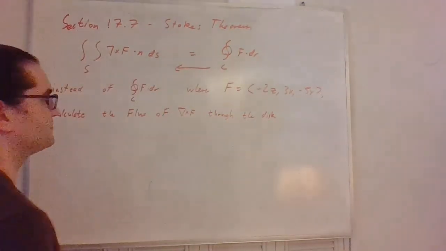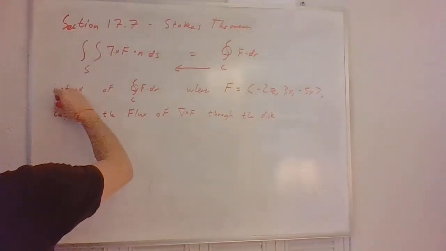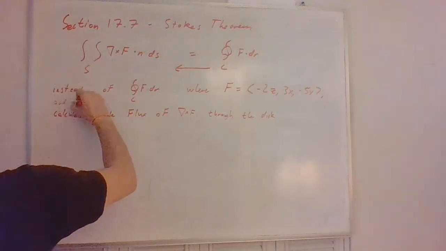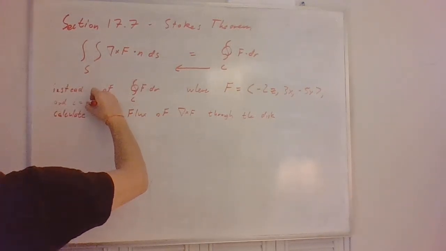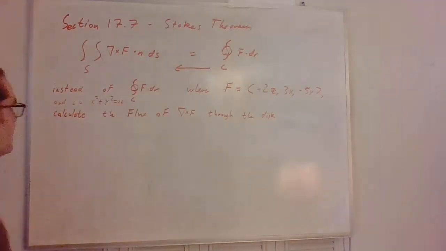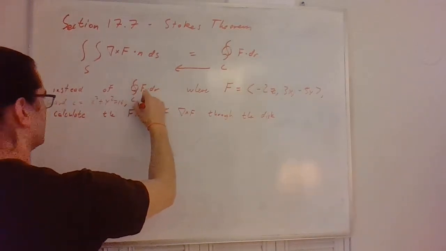Oh, I should say, where F is that and C is the circle x squared plus y squared equals 16, z equals 0.